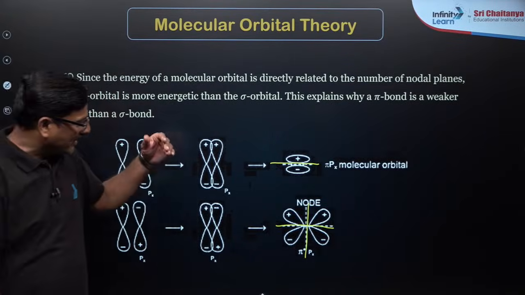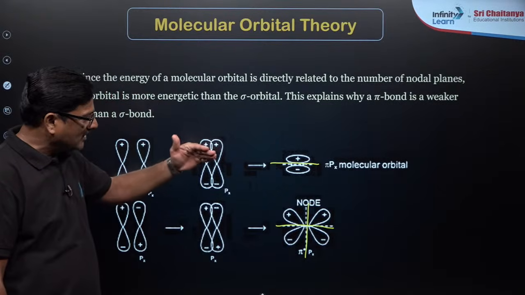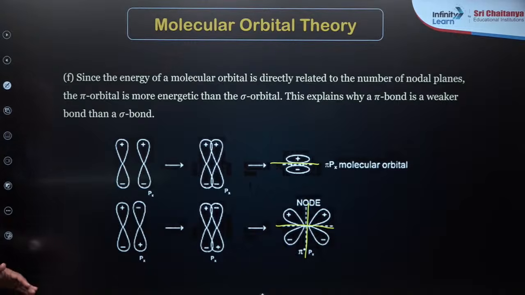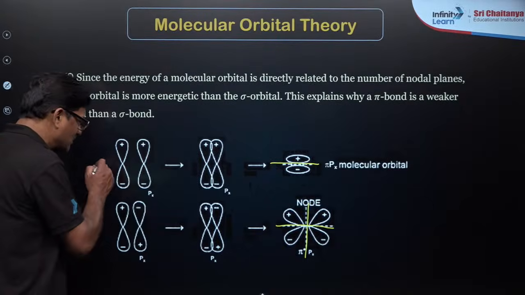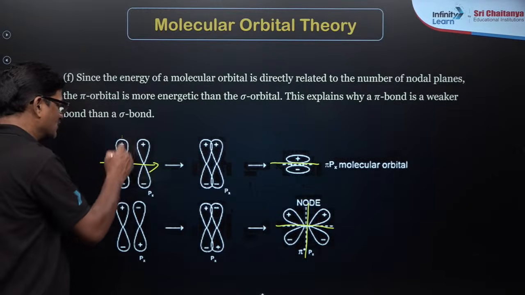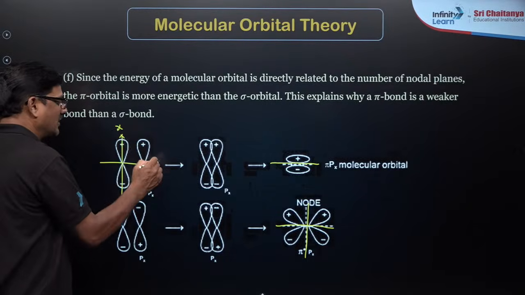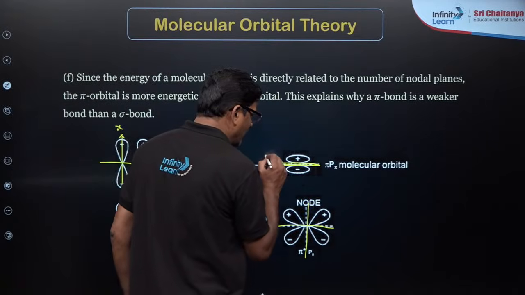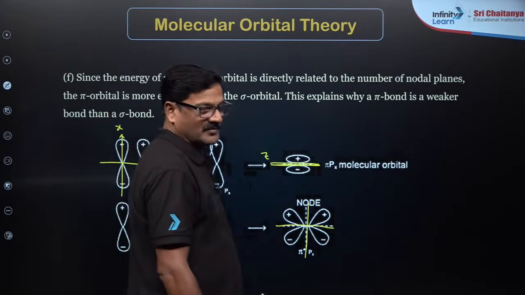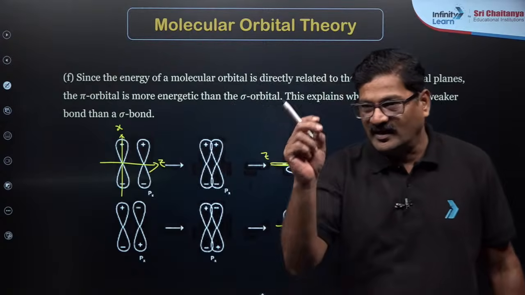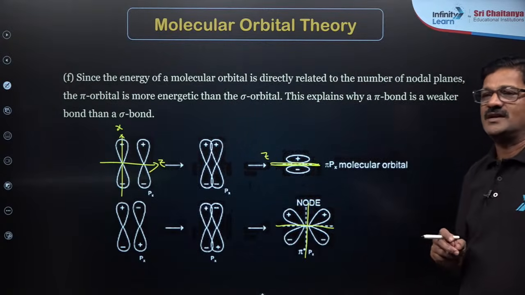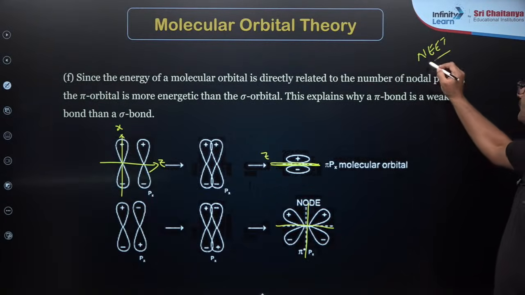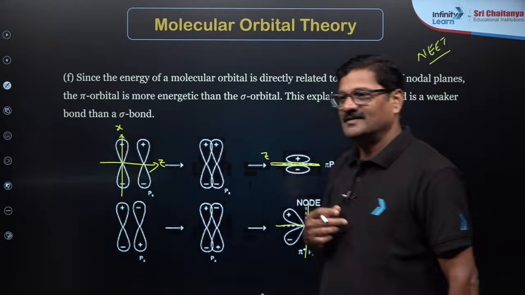The direction of the nodal plane has to be considered. So suppose this is the y axis, then this is going to be the x axis, and you are going to see the nodal plane along the y axis. Critical level questions can be asked in the JEE NEET examination. That's very important. Okay, clear?